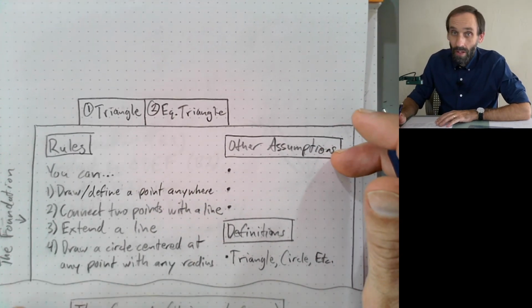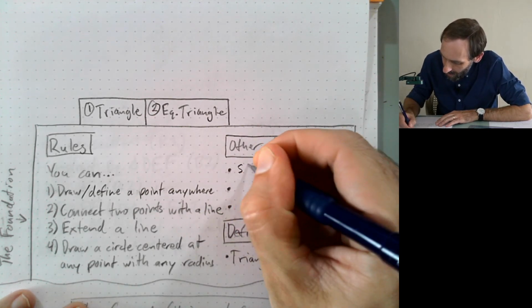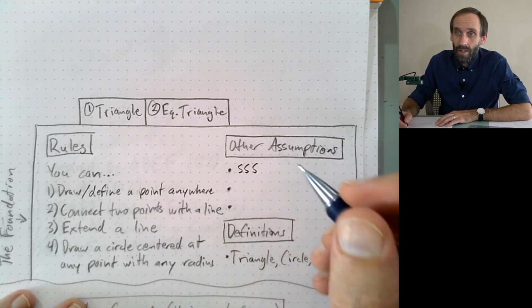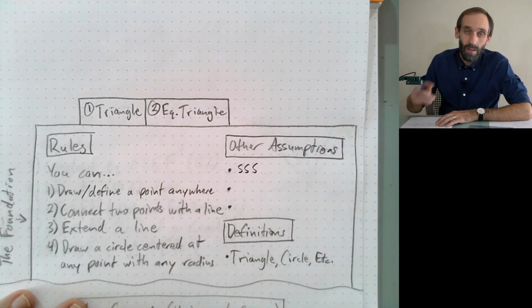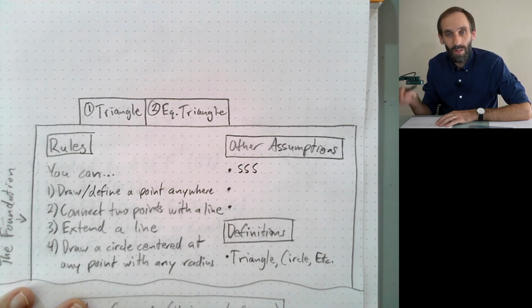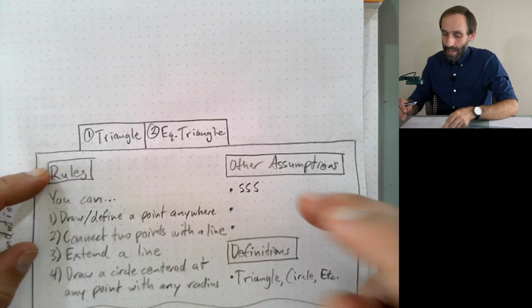So you notice I put other assumptions here and I left it blank. So I'm going to put the assumption S, S, S. This stands for side, side, side. Basically, if the three corresponding sides of one triangle are equal to the three corresponding sides of another triangle, the two triangles are equal. I haven't proven it.